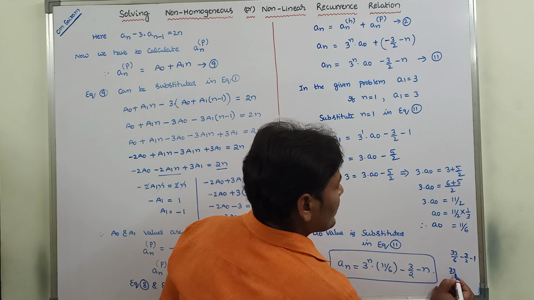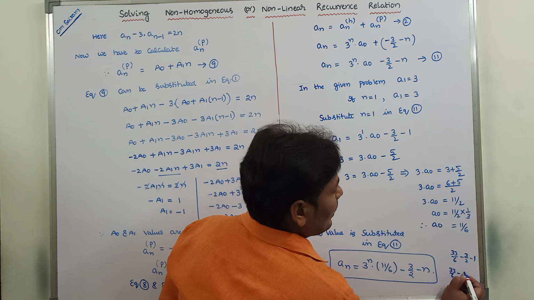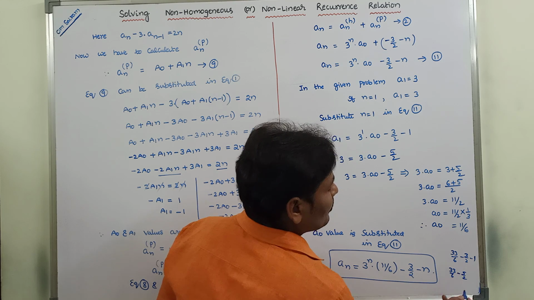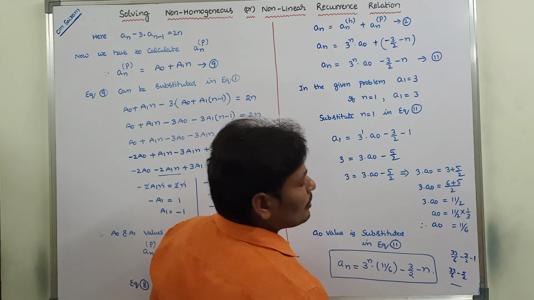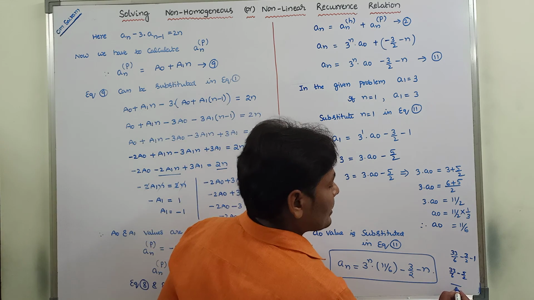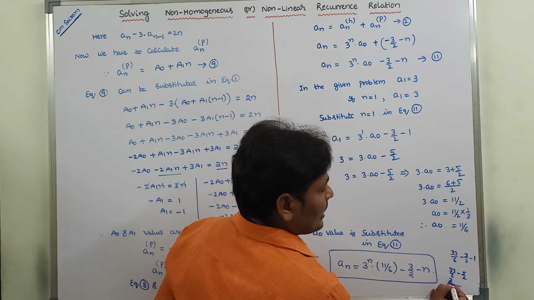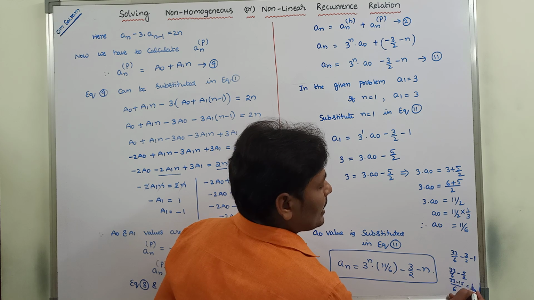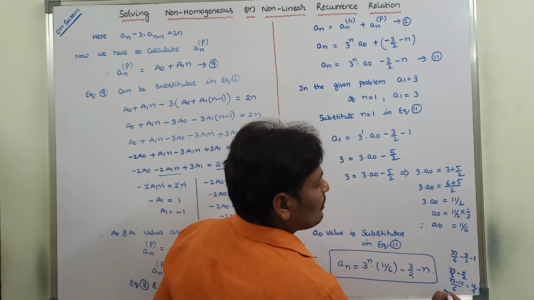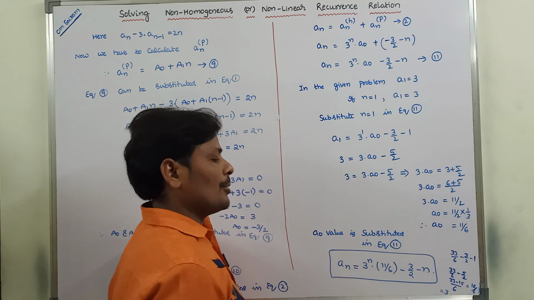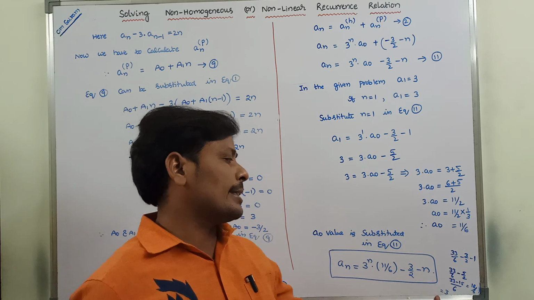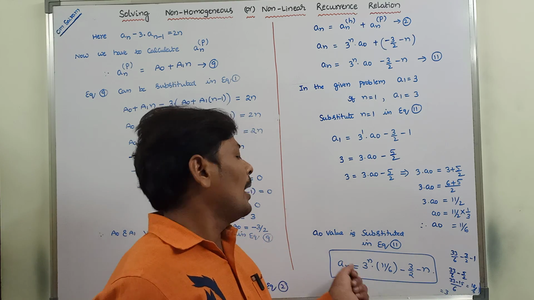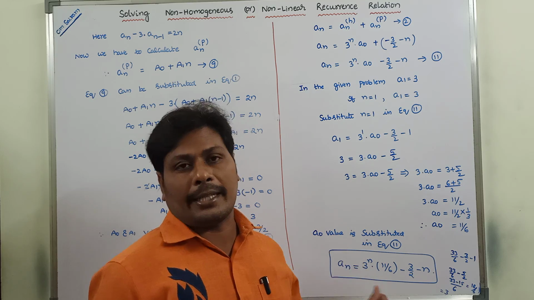So 33 by 6 minus 5 by 2. Here LCM of 2 and 6 is 6. So 33 minus 2 into 3, that is 15, that is 18 by 6. 18 by 6 is equal to 3. So we are getting a1 is equal to 3. So therefore our answer is correct.